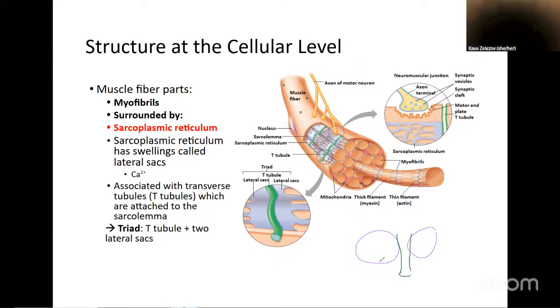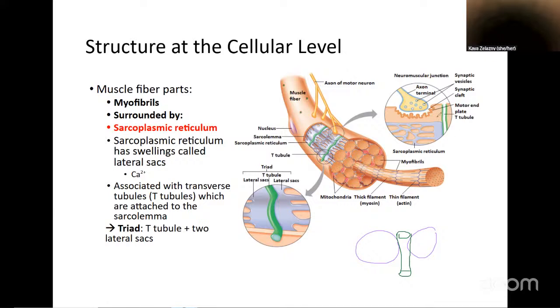Not a great T, it's looking more like an elephant, but this is our situation. Okay. So here is our triad, which is a T tubule and those two lateral sacs, and they're going to work together to get this muscle fiber releasing calcium in response to action potentials, starting our contraction process.